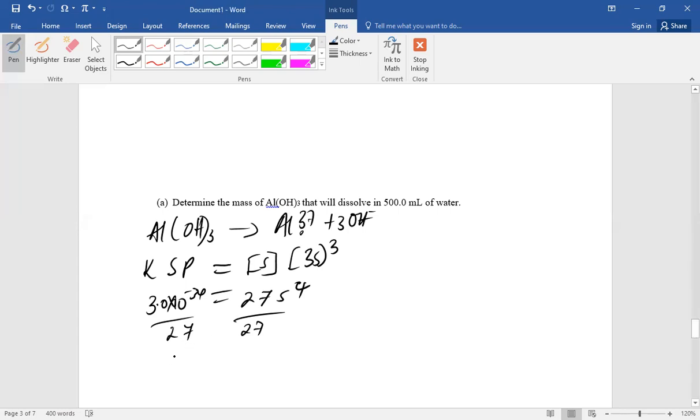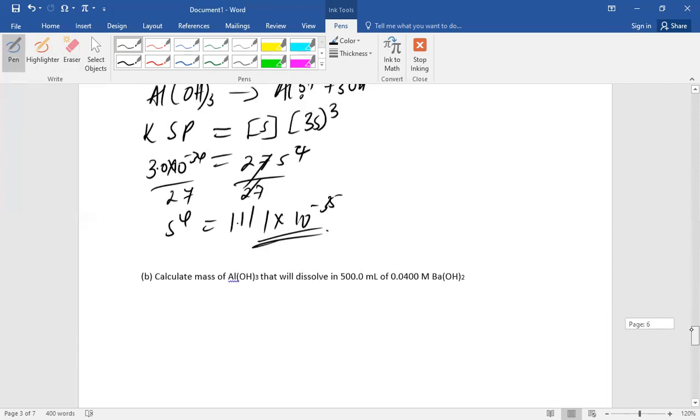So S to the power 4 is that value divided by 27. But they are saying how much will dissolve in water. What we have found is more like the number of moles.